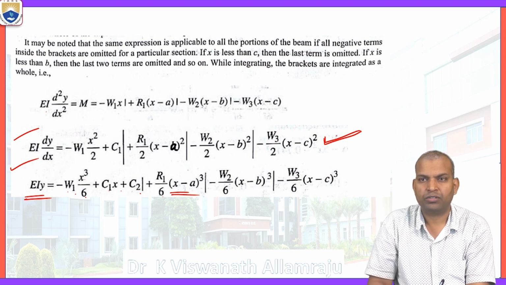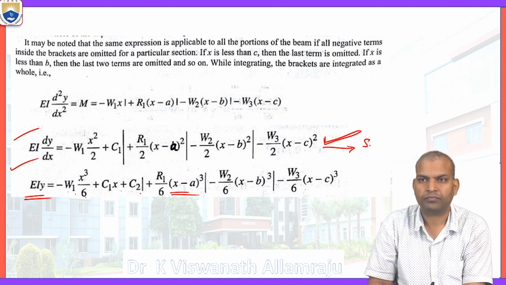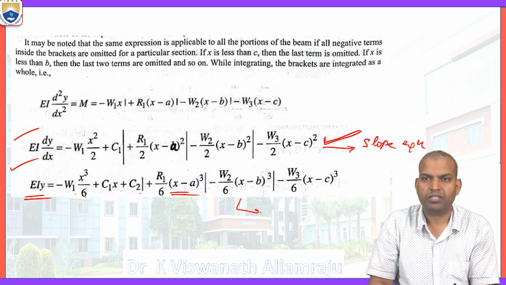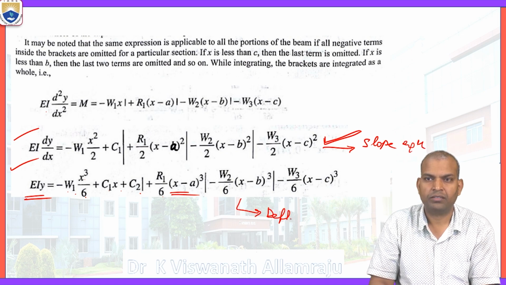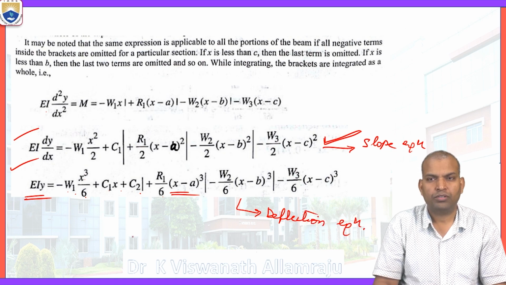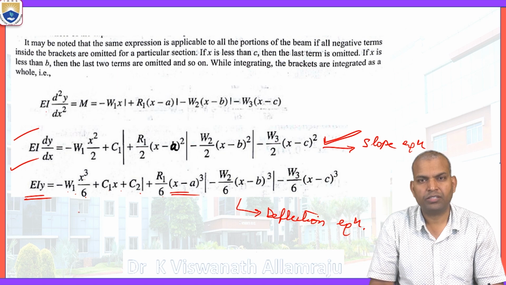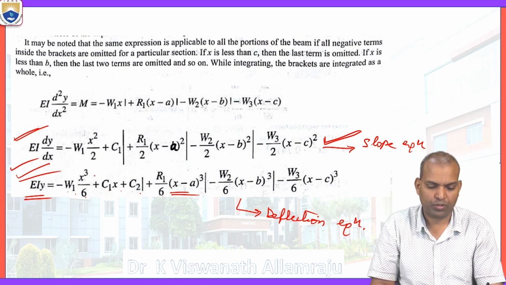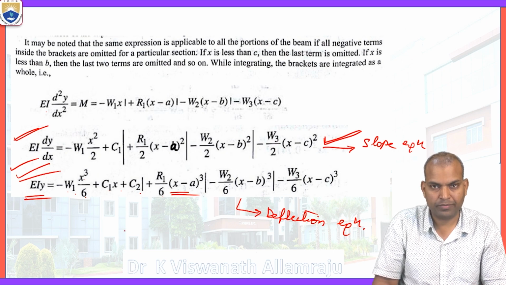This is the slope equation, whereas this equation is known as the deflection equation. With the deflection equation, at various values of x, we can find the deflections and slopes throughout the span of the beam. That is Macaulay's method.